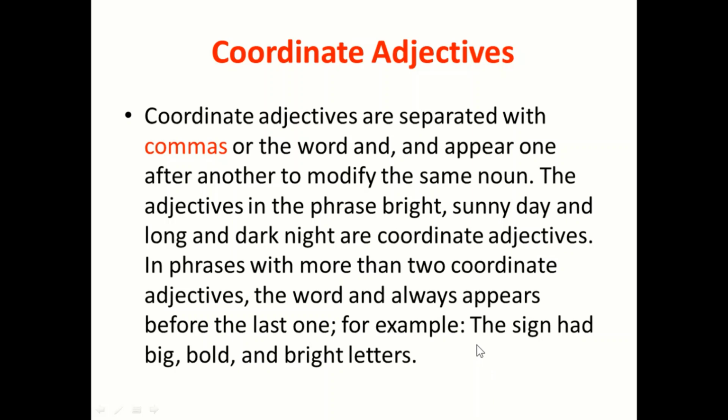Here we have the sign had big, bold and bright letters. The sign had what? Big, comma, bold and bright. We use three words here, big, bold and bright. That's why we use a comma only between the first two, and before the last one we put and, bright letters.